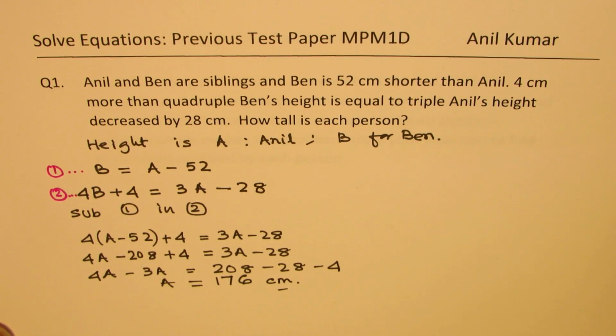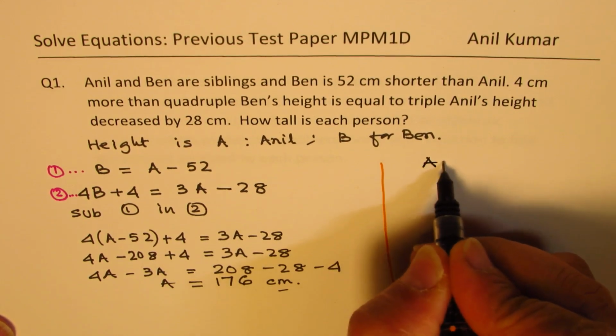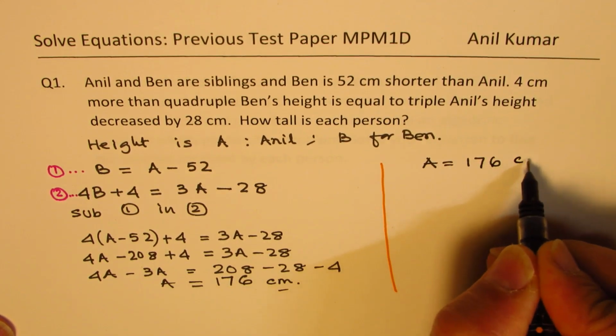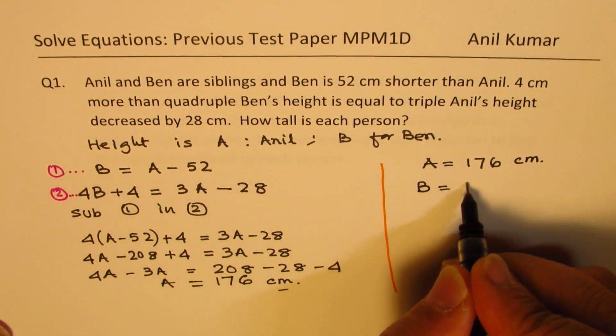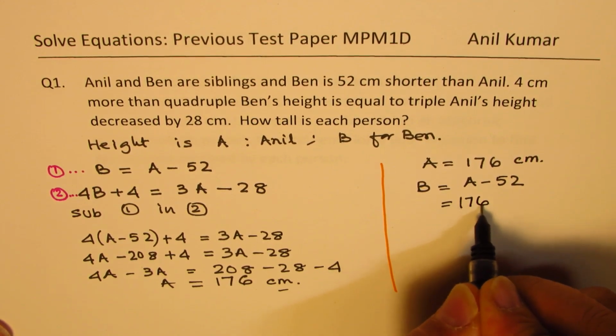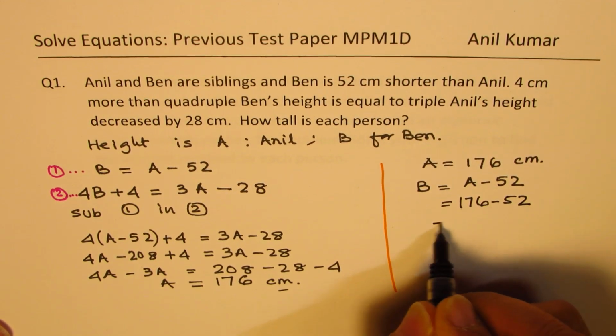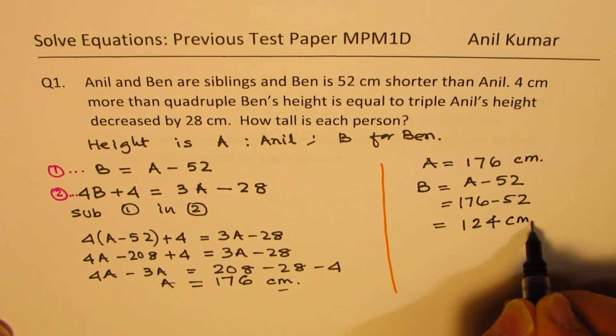Now, since we know what A is, now we can find what B is, right? So we just calculated A as equal to 176 centimeters. B from our equation number 1 is A minus 52. So we can write this as 176 minus 52. So that gives us 124 centimeters, correct?